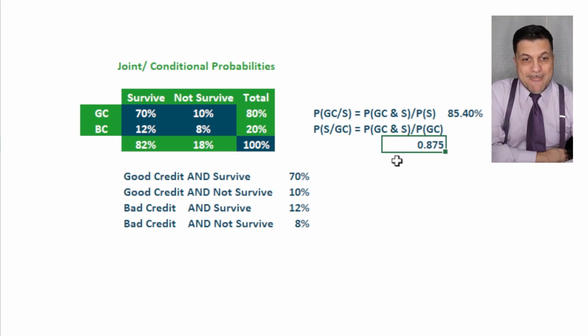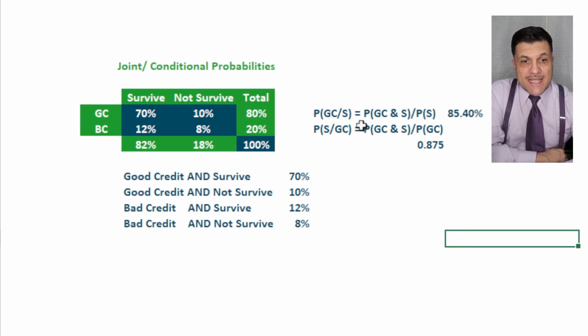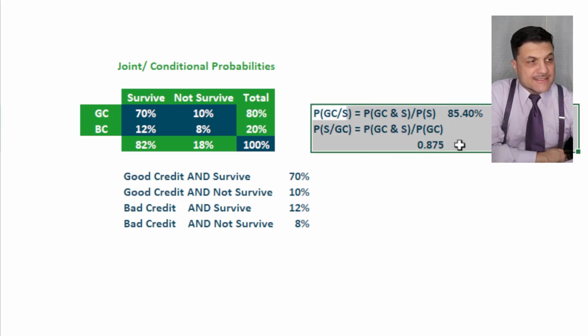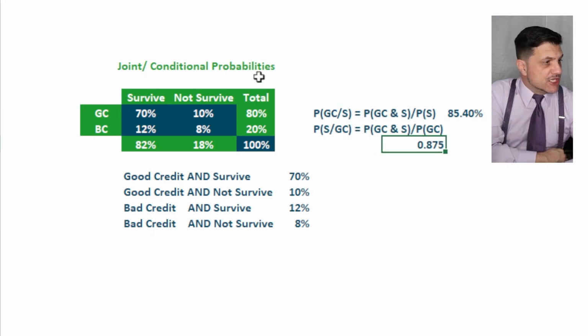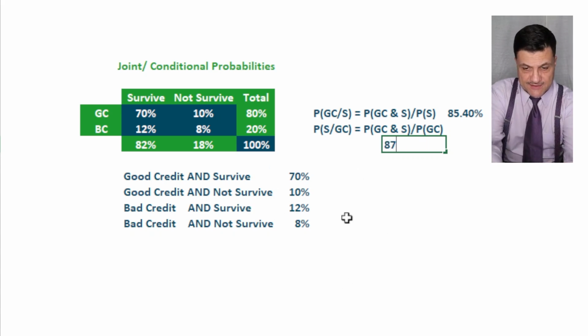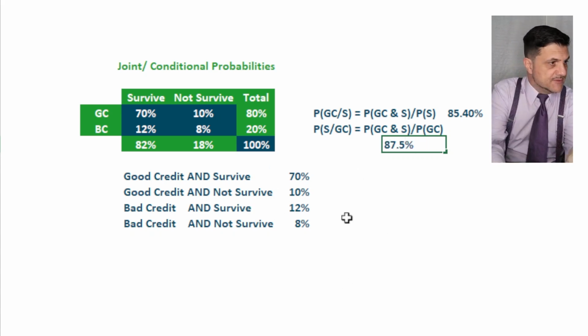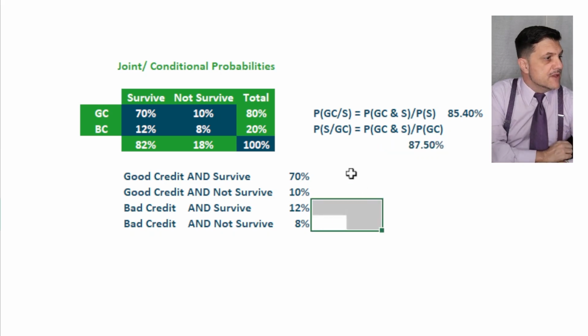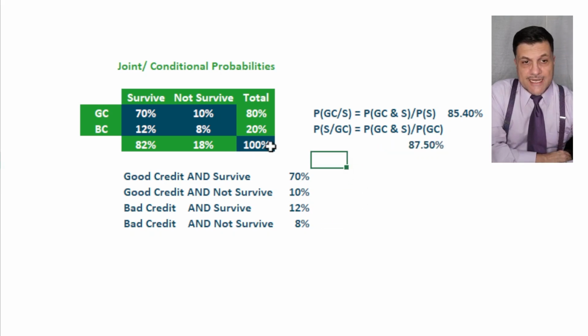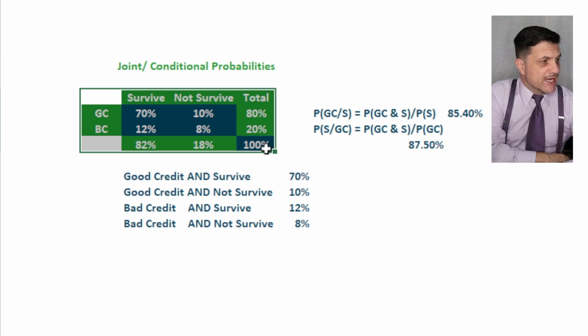87.5%. Okay? So, again, it's important that you get this logic, this mechanism here. Okay? Understand. Let's put this in percent, excuse me. That'd be better. There you go. And you can do that using this concept of the table, that's the joint probability table.